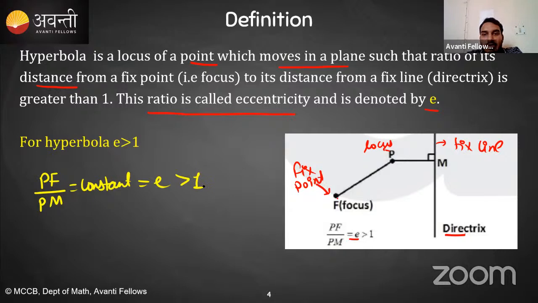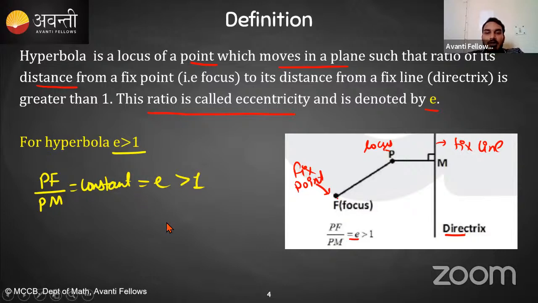So for the hyperbola, eccentricity is always greater than 1. For ellipse, eccentricity is between 0 and 1. For parabola, eccentricity is 1. This is the definition from the conic.